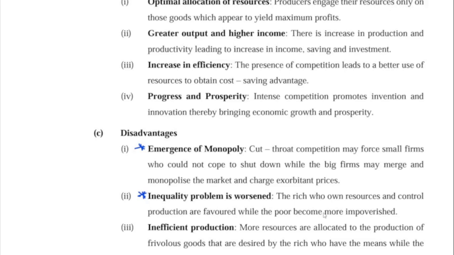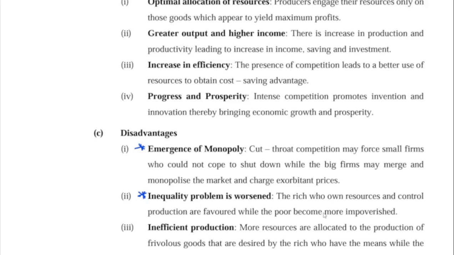As a producer, which one will you produce more? Definitely you produce the one that will give you higher rent. And by so doing, people that don't really have income to that extent have to go and sleep under the bridge, and it's an emergent issue that the government needs to quickly settle.